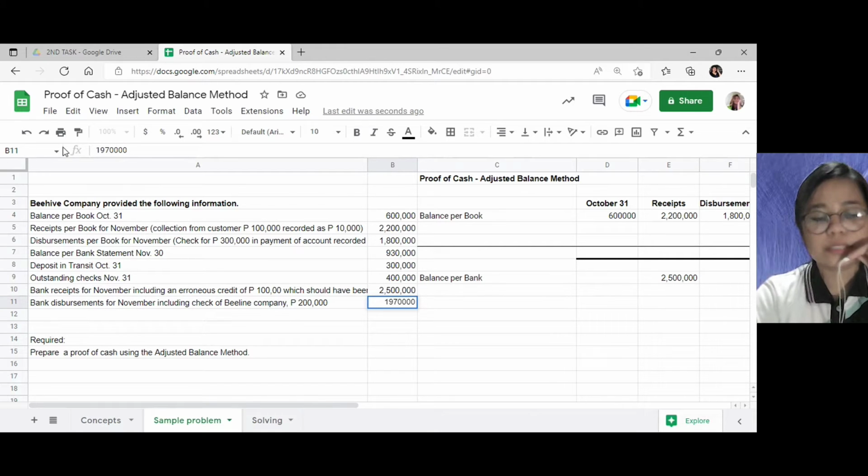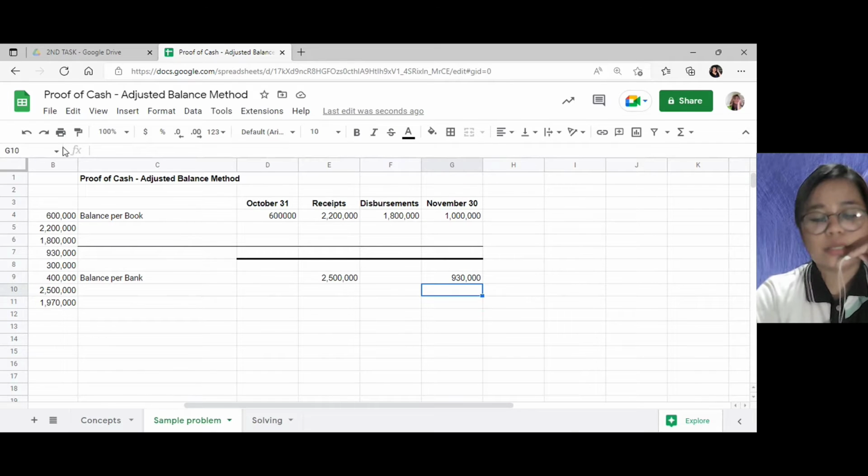Now, looking at the figures, the beginning balance, which is the October 31 balance, is not given, but we can compute it since we have the receipts, the disbursements, and the ending balance. We simply add the disbursements to the ending cash balance per bank, which is the November 30 balance.